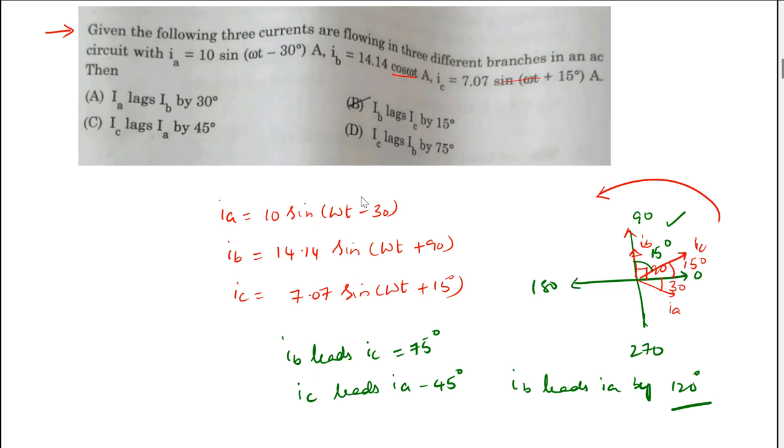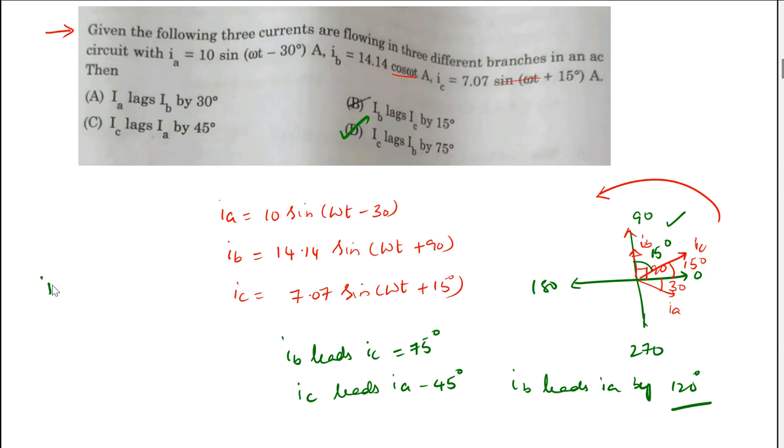In the options they are asking only lagging. So what we can say here is IB leads IC by 75 degrees, or we can say IC lags IB by 75 degrees. So answer D will be the right answer here.